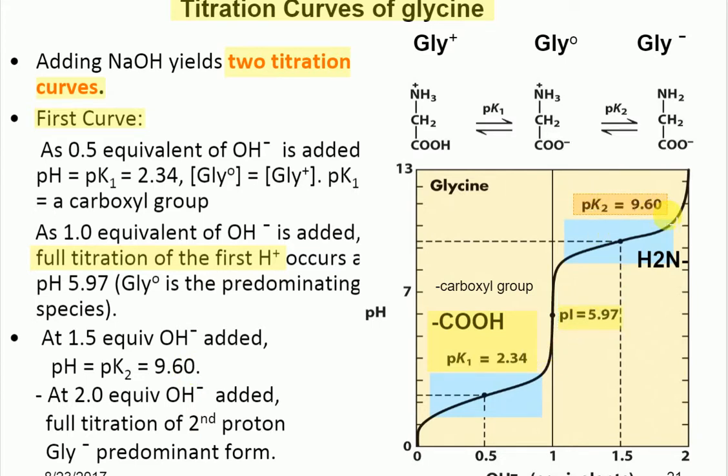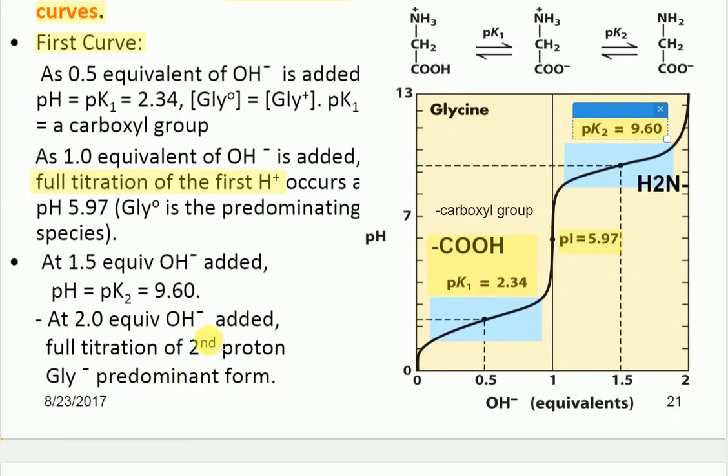So once more base is added, we reach this point. At 2.0 equivalents of hydroxide added, full titration of the second proton, glycine with a minus sign is the predominant form. Before, standard glycine was the predominant form; now glycine with this minus sign is the predominant form.